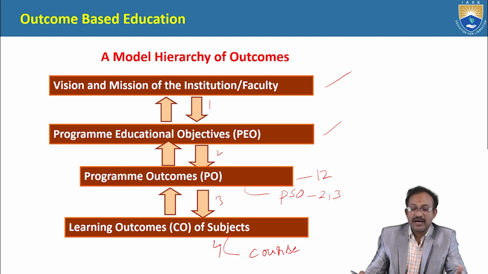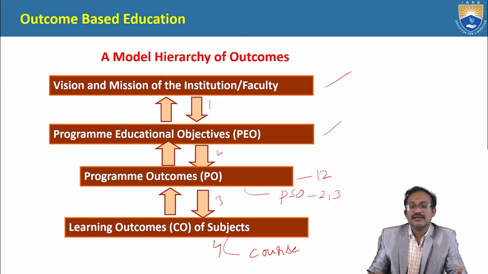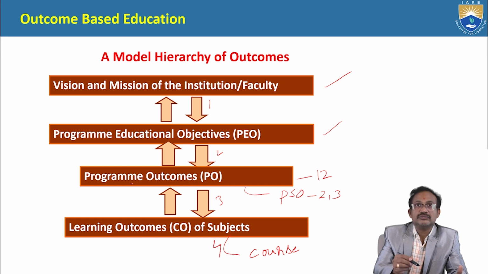But in order to implement or to reach that vision, we have to set the course outcomes. From these course outcomes, we have to prepare the curriculum. Then we go from the bottom to top.